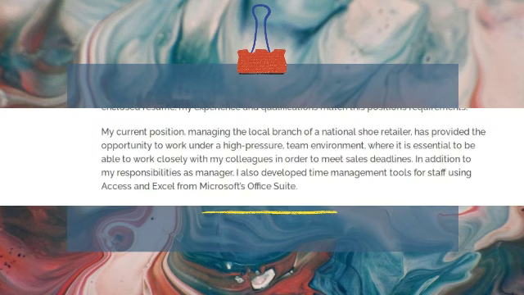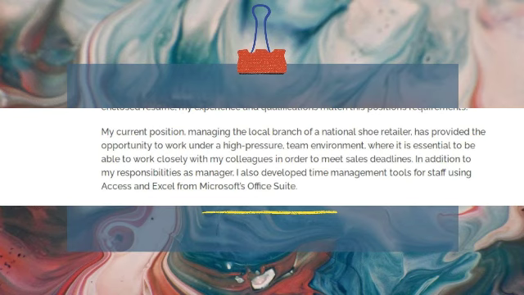If we look at the second paragraph. My current position managing the local branch of a national shoe retailer has provided the opportunity to work under a high-pressure team environment, where it is essential to be able to work closely with my colleagues in order to meet sales deadlines.